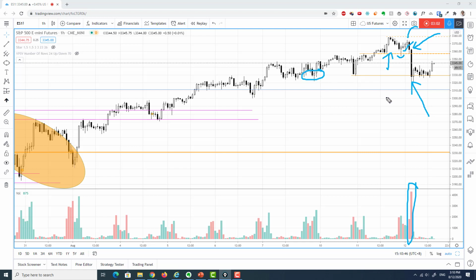If you watched my previous video, you should probably recall that this level was a demand zone at around 33.20 to 33.30. So this sell-off bar just stopped right at this demand zone. This is one of the bullish characteristics that I spotted.